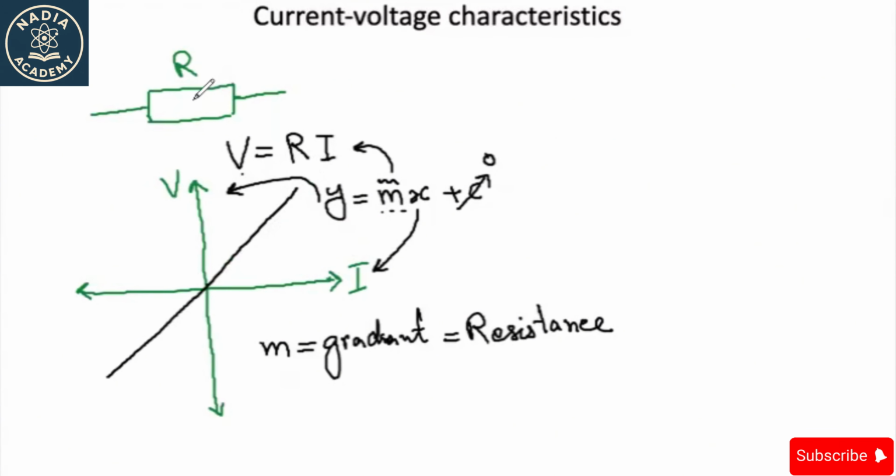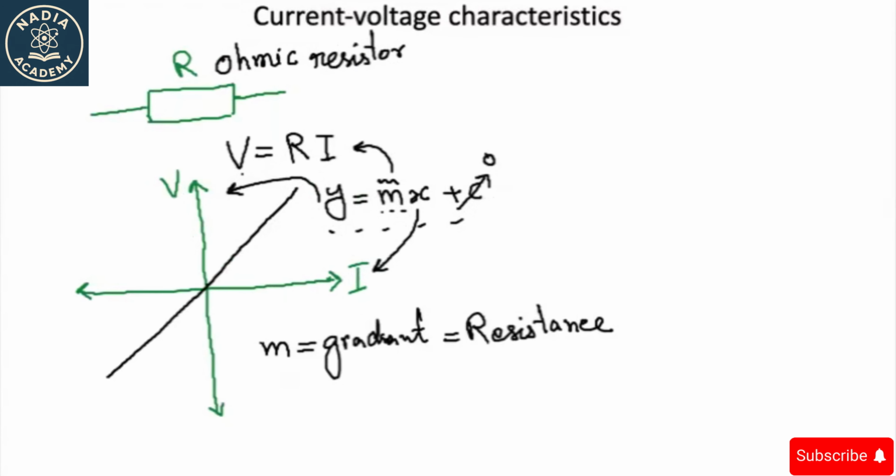So this resistor we can call an ohmic resistor. You can investigate the curves using mathematics and understand what the gradient is representing.